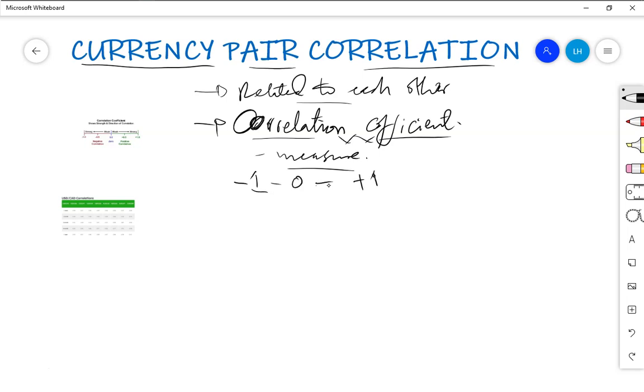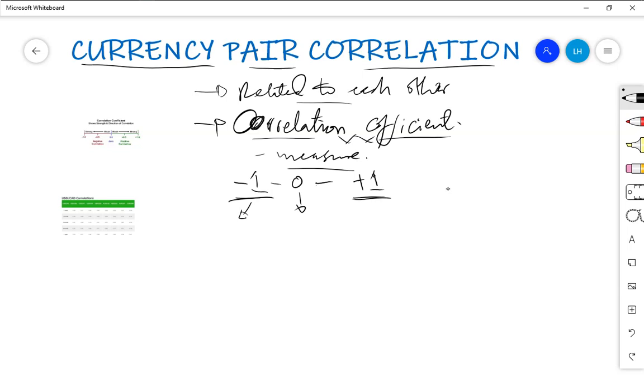It ranges from -1 through 0 to +1. This range is what we call the correlation coefficient, a measure of correlation between currencies.